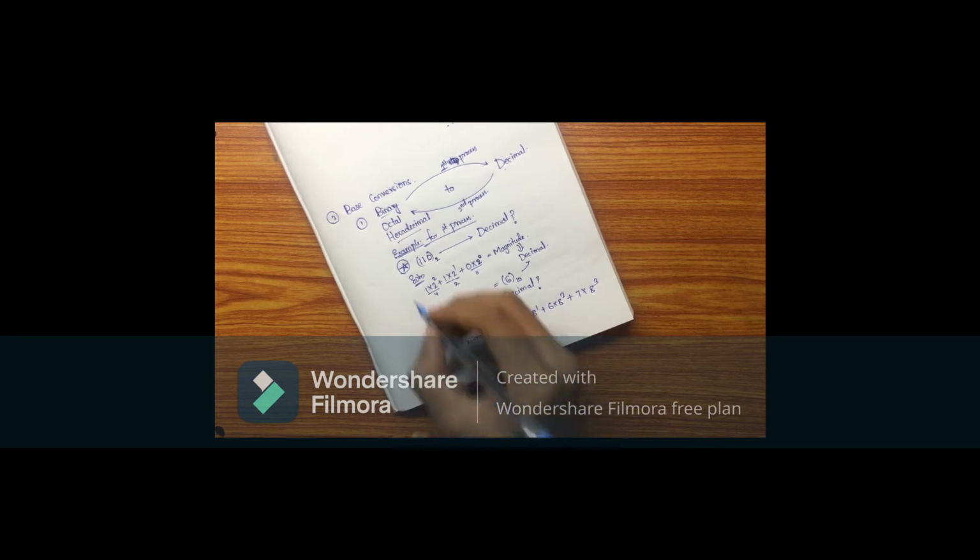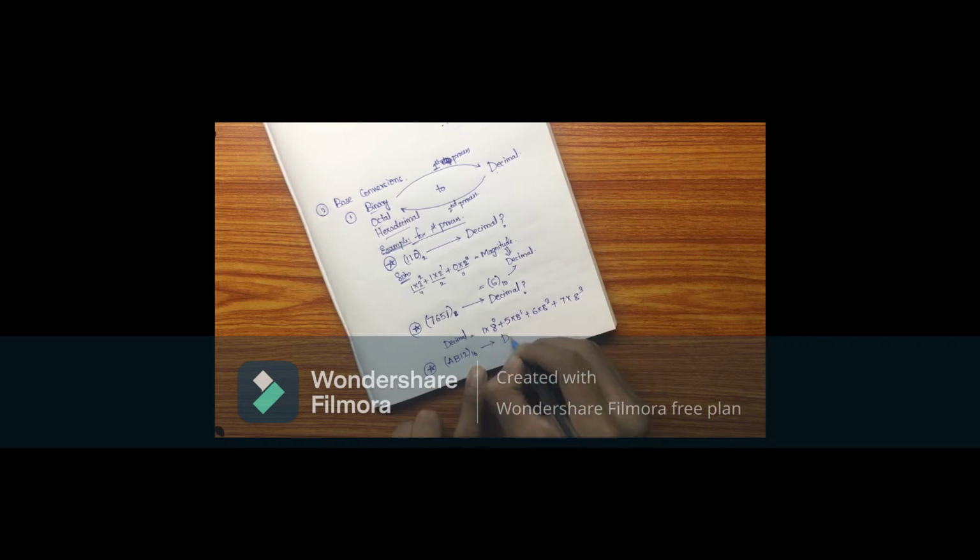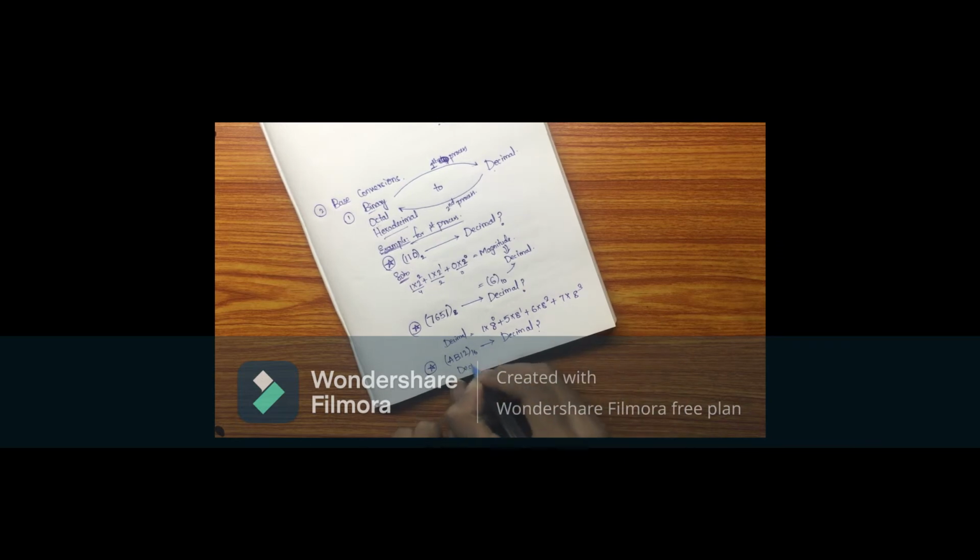Similarly, hexadecimal is given, so A, B, 1, 2 is asked to be converted to decimal. Then what to do? Decimal is equal to 2 into 16 power 0 plus 1 into 16 power 1 plus B into 16 power 2 plus A into 16 power 3. But how can we multiply this A and B?